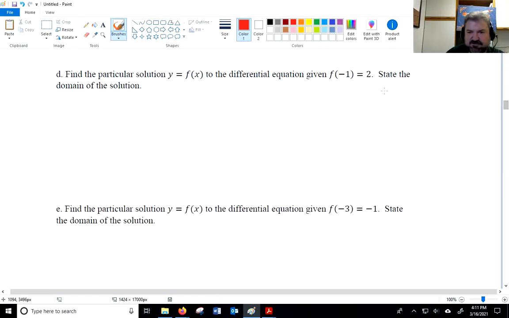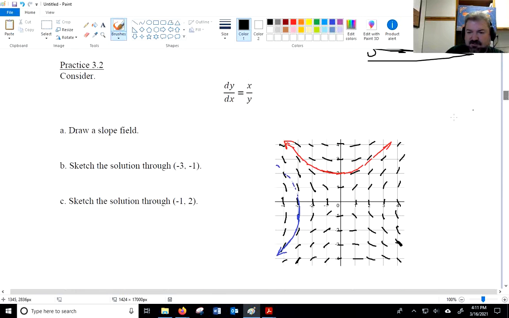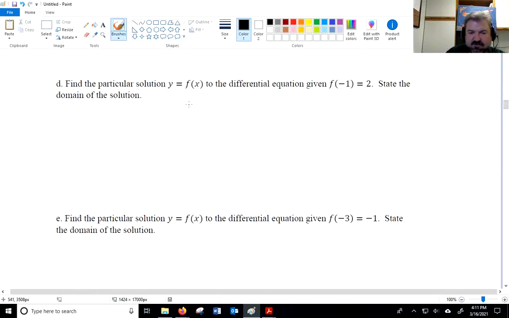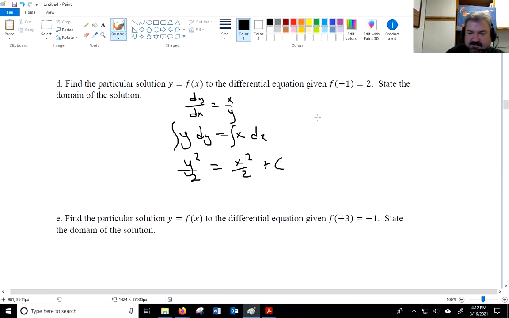Let's solve the solution. And we're going to solve it for f of -1 equals 2. So we're going to get the equation that was this blue portion here. All right, so we have dy over dx is equal to x over y. So I get y dy equals x dx, and I'll integrate both sides. So y squared over 2 equals x squared over 2 plus c. If I multiply both sides by 2, I get y squared equals x squared plus 2c.